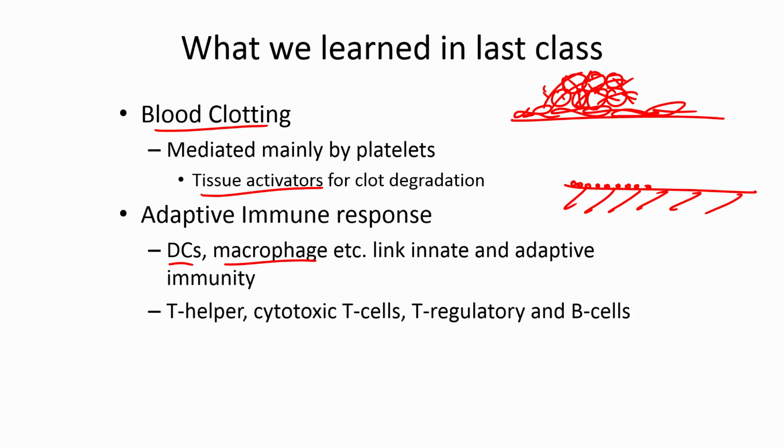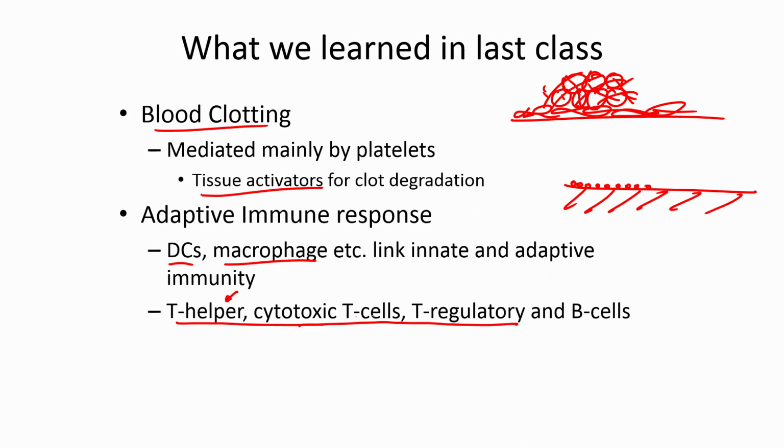Some of the major cells we talked about were the T helper, cytotoxic T cells, and T regulatory cells. These are leukocytes. T helper is responsible for helping the T cells get further activated and kill anything aberrant. Cytotoxic T cells are directly responsible for killing the cells that are not functioning well, or that the body thinks are foreign.